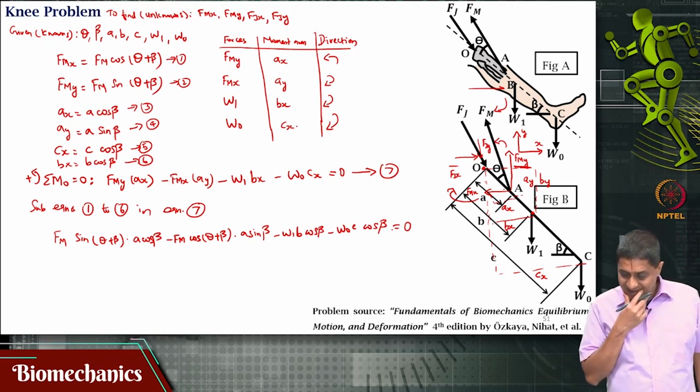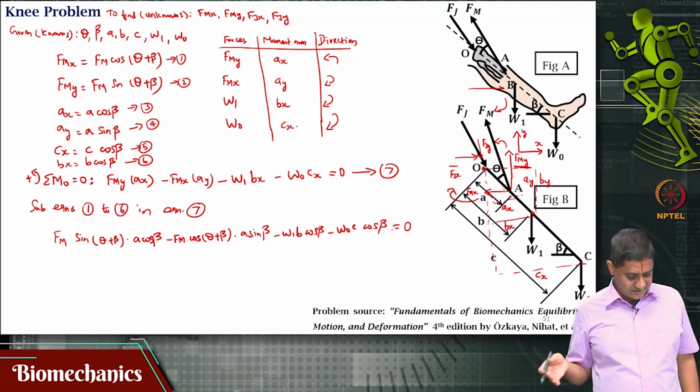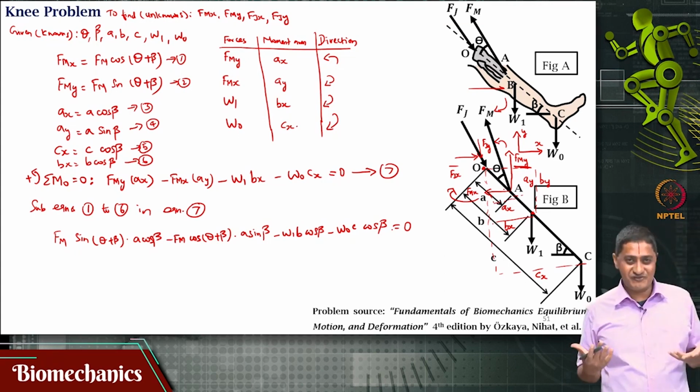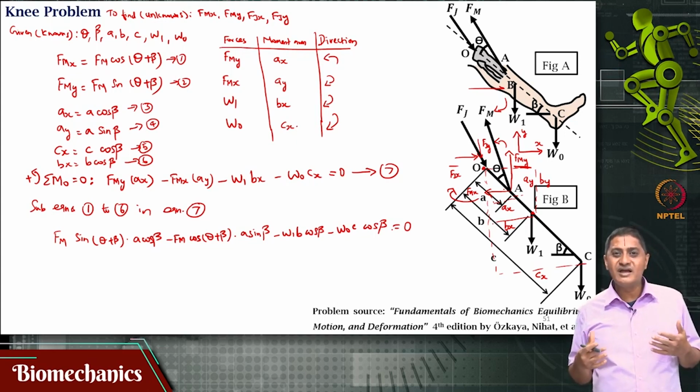Now, take those terms that have Fm on one side and W's on the other side, okay, such that I can actually find the value of Fm. Now, simplify such that I can find the value of Fm.